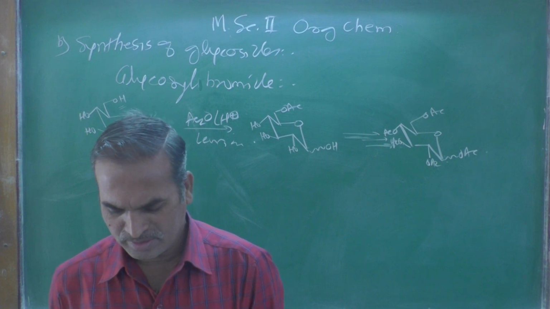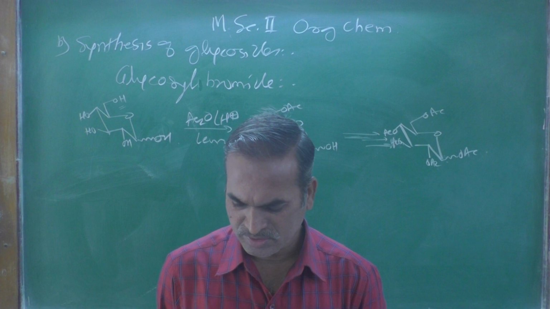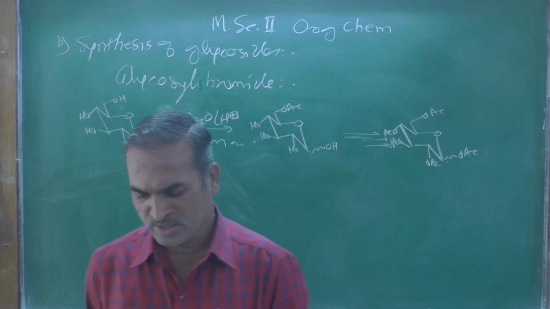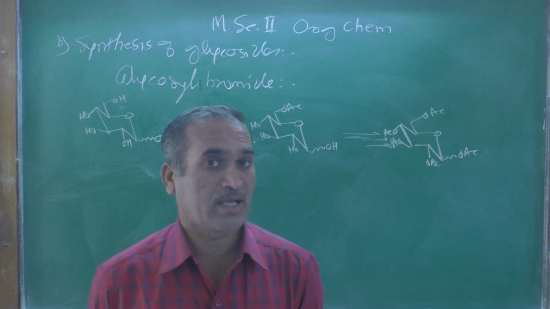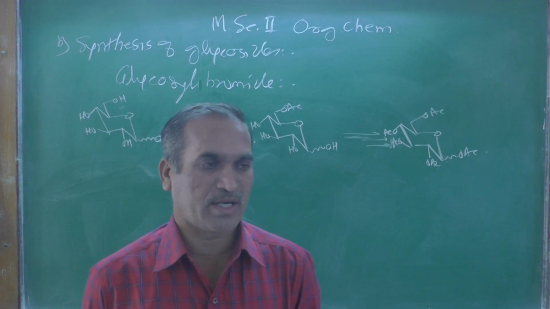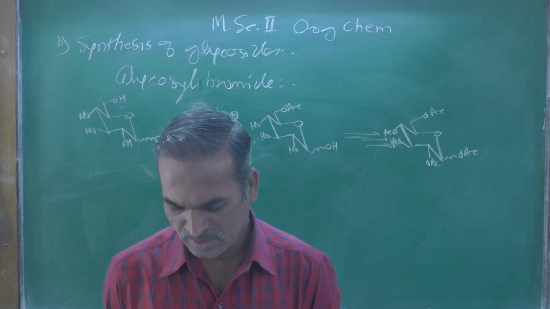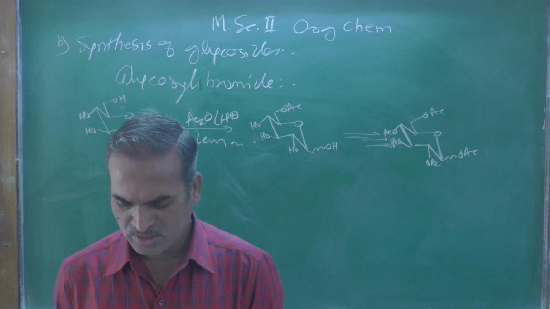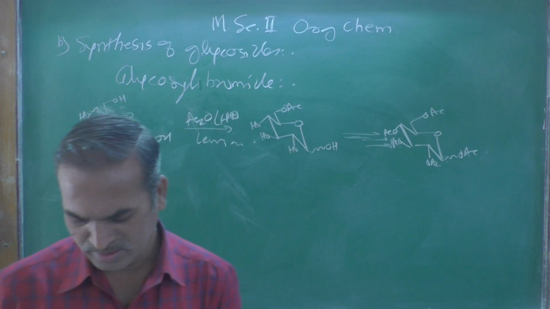For example, in disaccharide synthesis, ROH, the other sugar, is a weak nucleophile, and therefore acetate, ACOH in place of H plus or Lewis acid, nucleophile, good leaving group, and so we will get this.